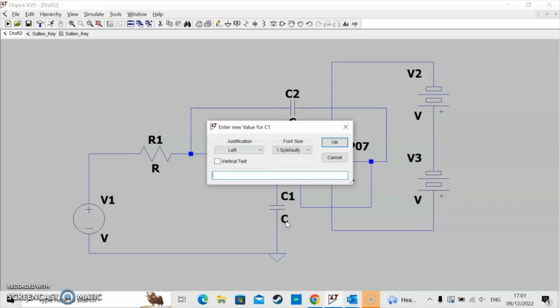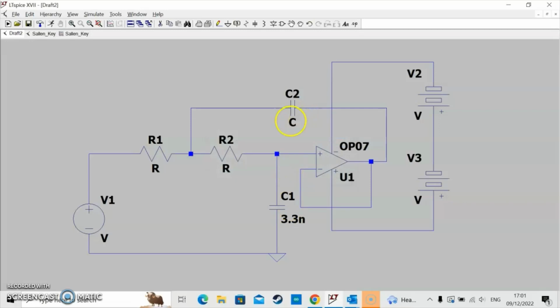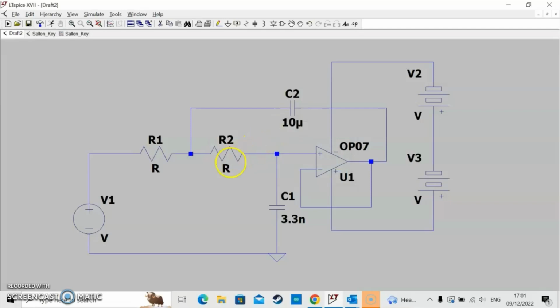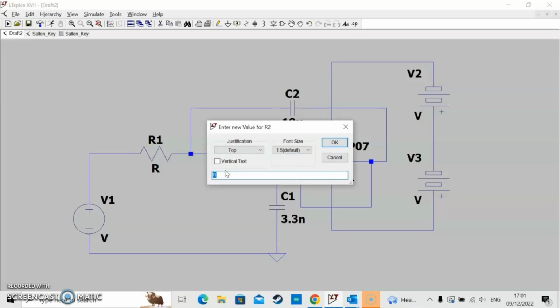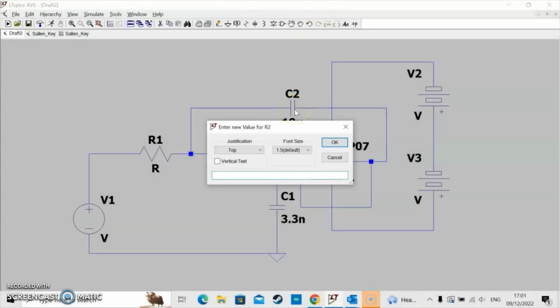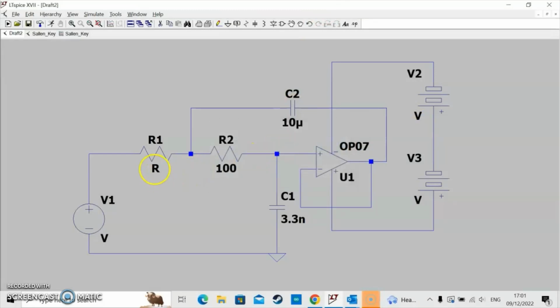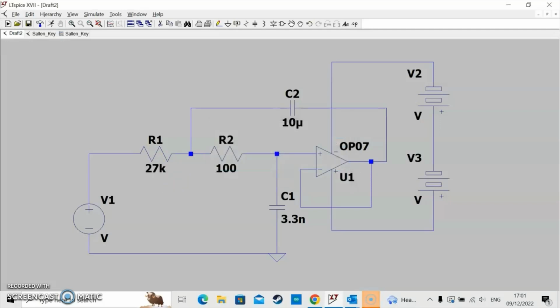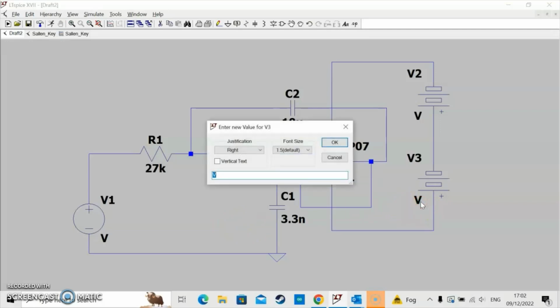Micro. Ohms. 27k ohms. There's plus and minus 15 volts.